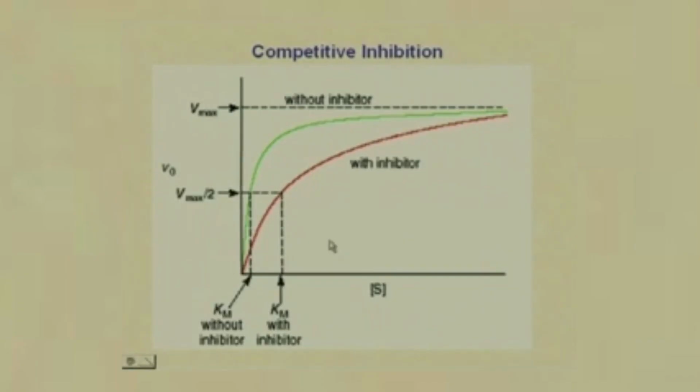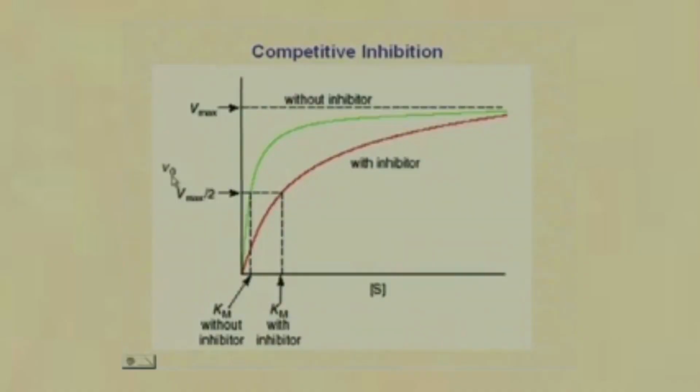Now how does this change our Lineweaver-Burk plot? What is a Lineweaver-Burk plot? We have 1 by V0 versus 1 by S. Let's work on that now.